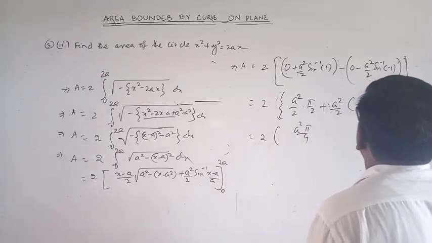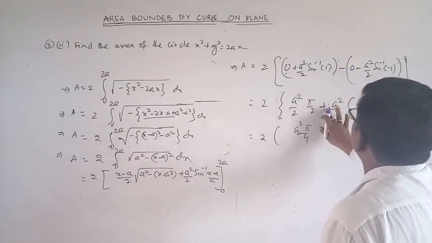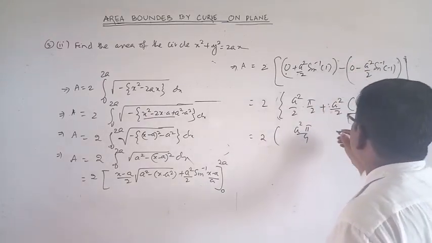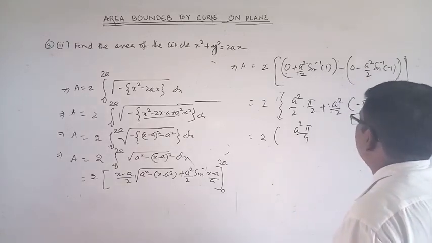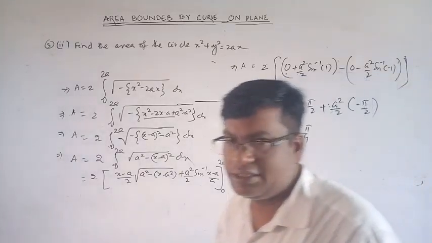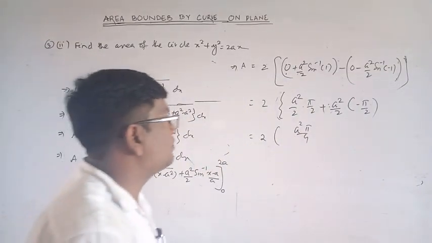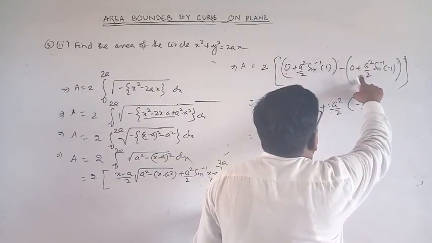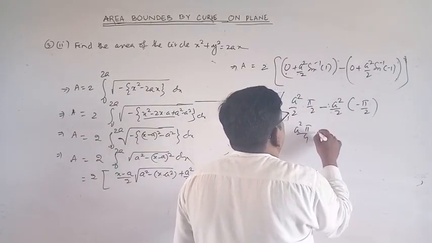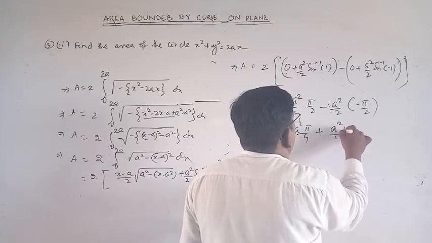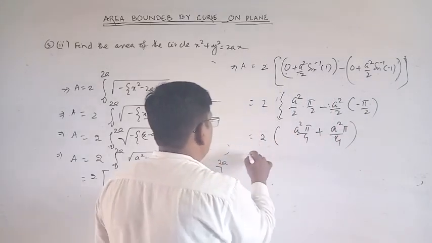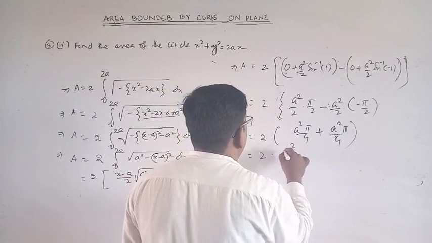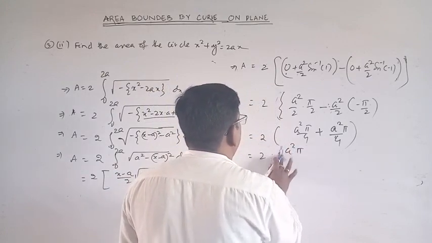The signs, minus and minus, make plus. So this is a square pi by 4 plus a square pi by 4, so 2 into 2a square pi by 4.